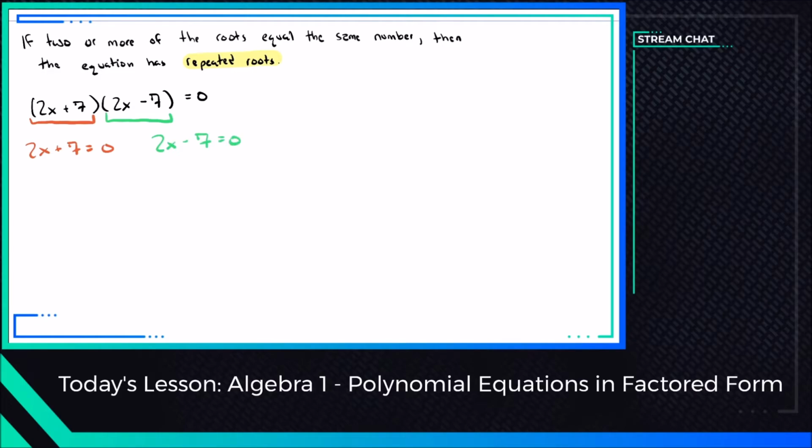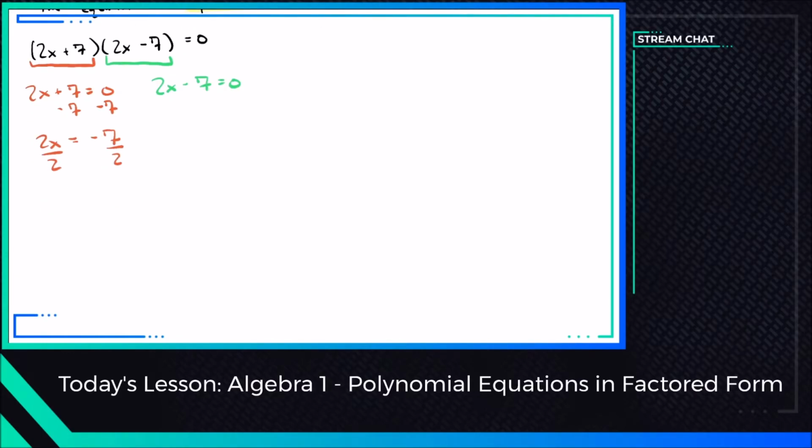And so if we solve both of these, we're going to first subtract 7 on both sides on the orange, and that's going to be 2x is equal to a negative 7. And so that's going to be equal, after we divide by 2 on both sides, x is equal to a negative 7 halves.